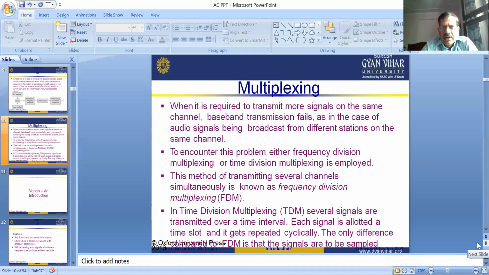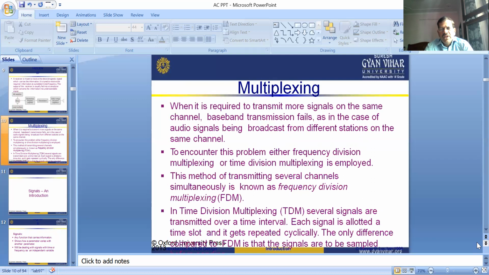Next, we discuss multiplexing. What is multiplexing, and what is its role in the modulation and demodulation process? Multiplexing is required when we want to transmit more than one signal on the same channel.